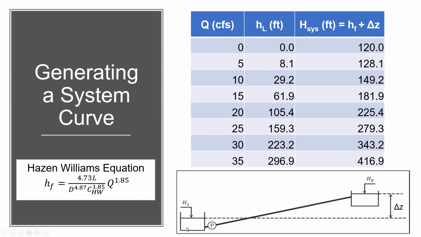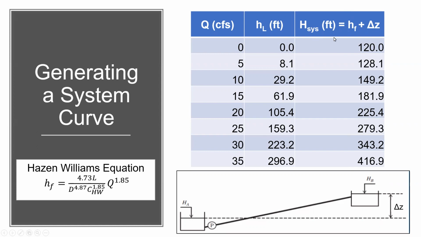So here's a system. We got a reservoir, a pipe, another reservoir, a pump. We have an elevation gain, and then we also have head loss in that system, right? So we can use our energy equation and solve for the head loss and pressure that we have to overcome.